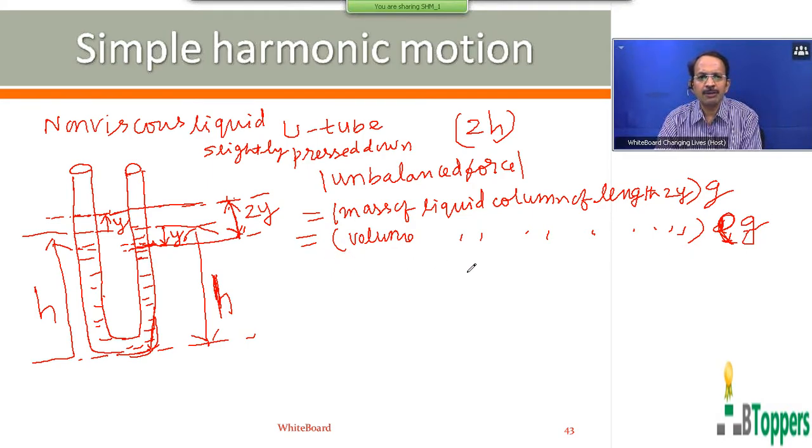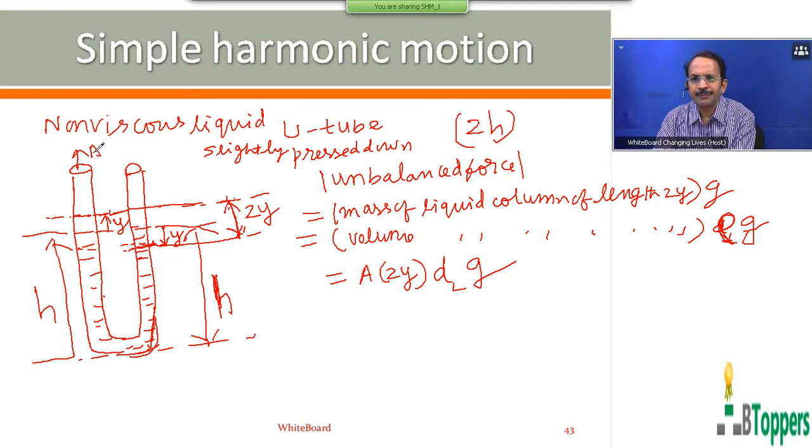So the volume of the liquid column of length 2y is A into 2y, where A is the area of cross section of the tube.